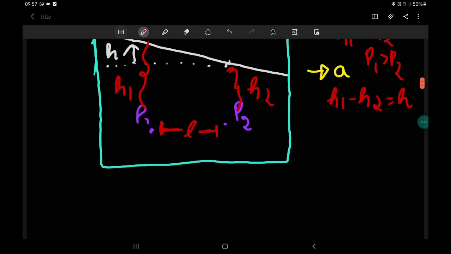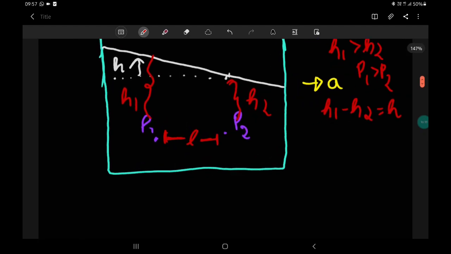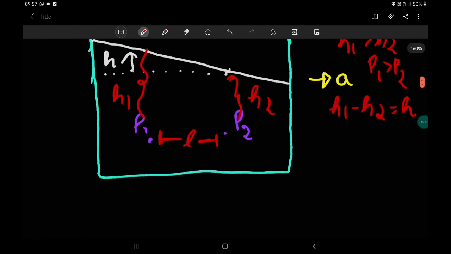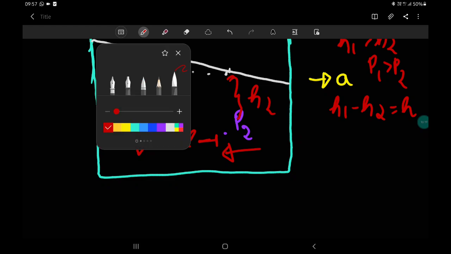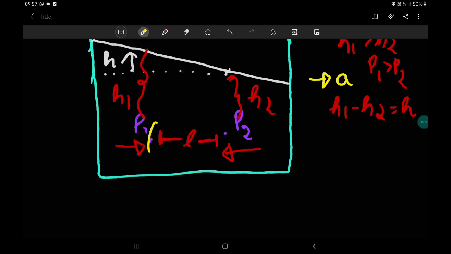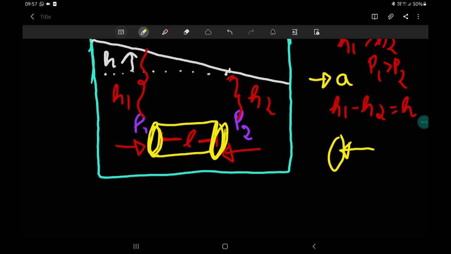Okay. So now if I want to find the net force, what does net force mean? Some force will be applied by the liquid like this, and here some normal to the area, as I said. So you have to consider a cylindrical cross-sectional area. For example, I am considering a cylinder over here. For this surface of the cylinder, the normal force will be like this. How do you calculate force?